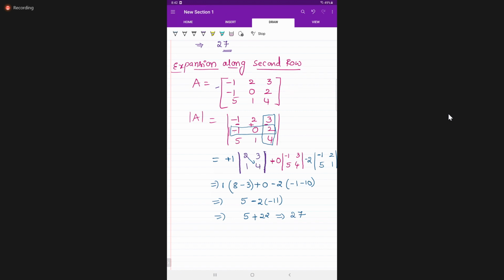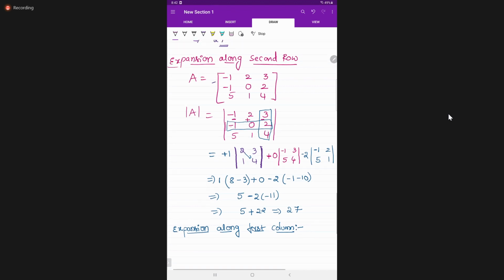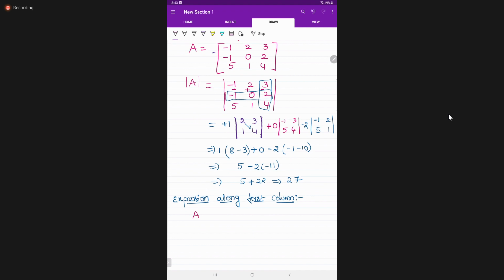Next. Expansion along first column. A is equal to minus 1, 2, 3, minus 1, 0, 2, 5, 1, 4.